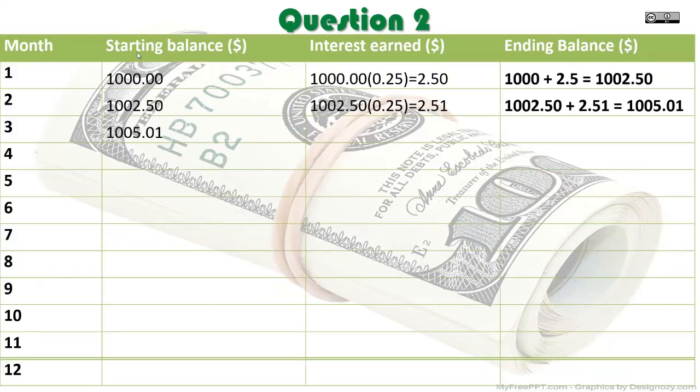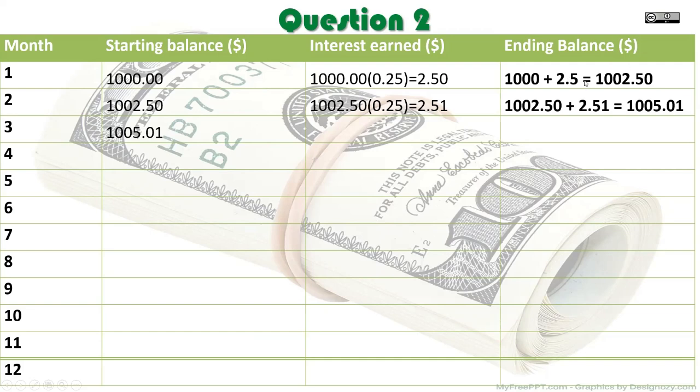So we make a table based on the first 2 months that we just calculated. So we started off with our starting principal, $1,000. We earned $2.50 interest in our first month. So we ended up at the end of the first month with $1,002.50.